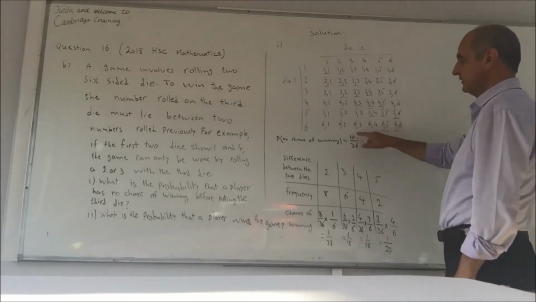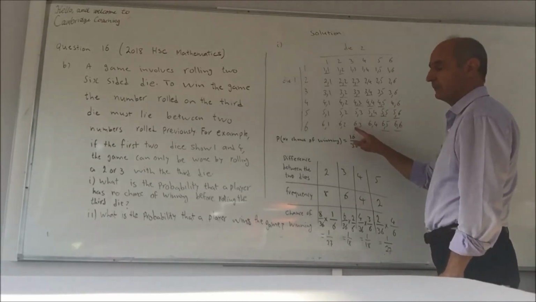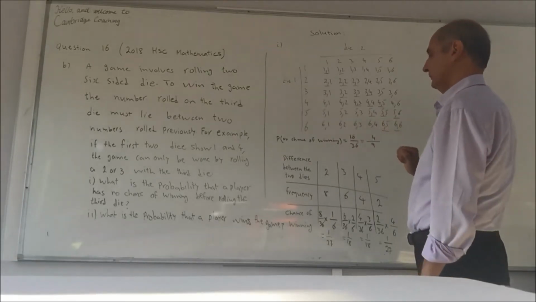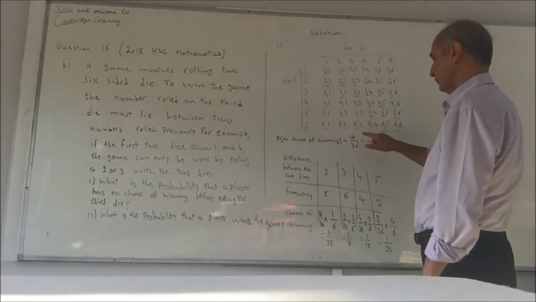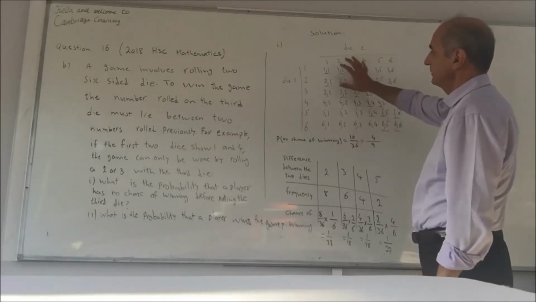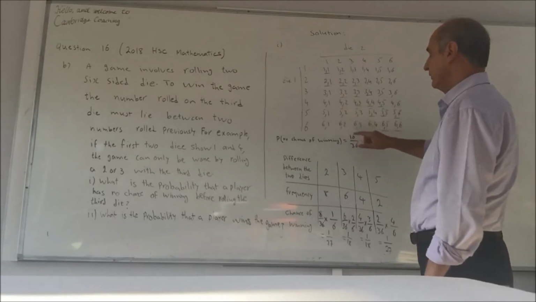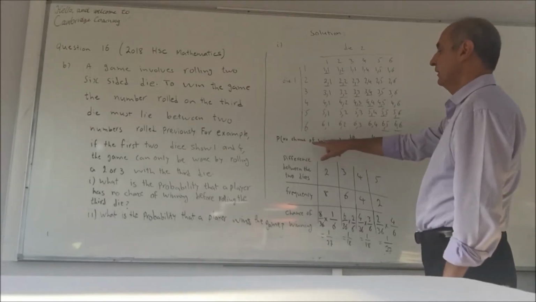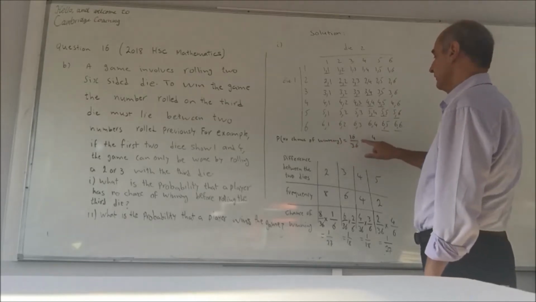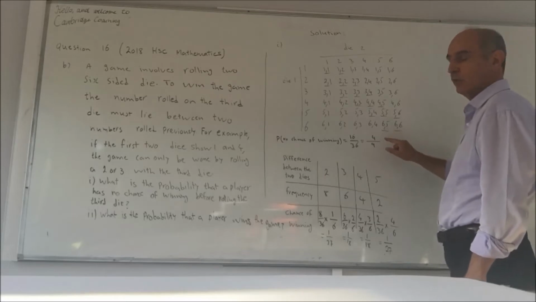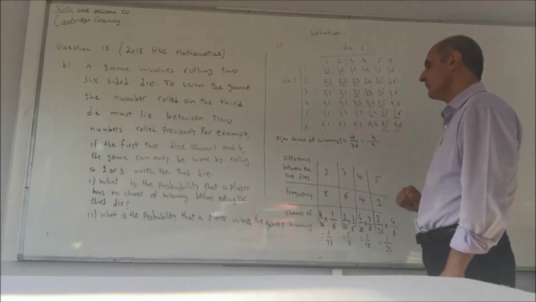So there are 16 cases where you cannot win when you attempt throwing the first two dice, and there are 36 cases which can happen altogether. So 16 out of 36 gives me the probability of no chance of winning, which we can simplify to 4 on 9.